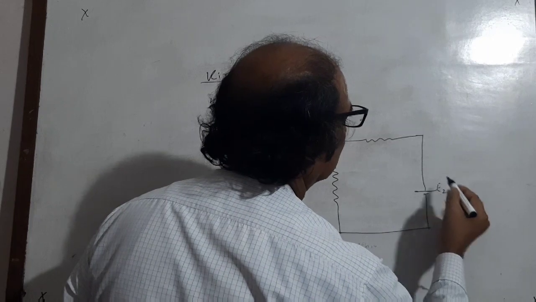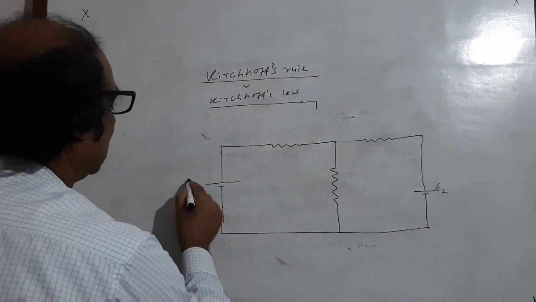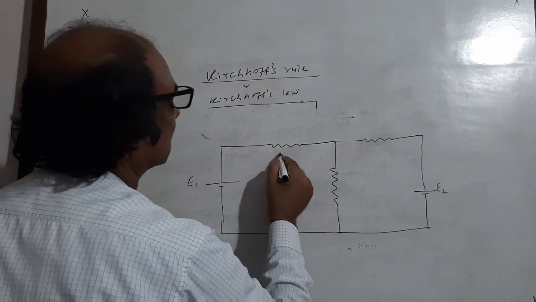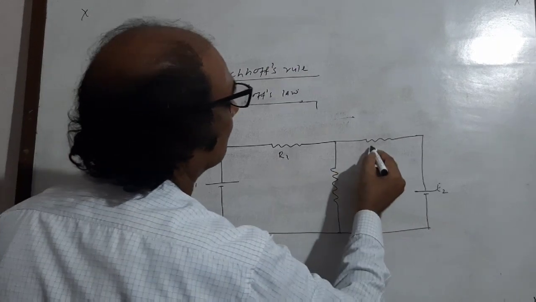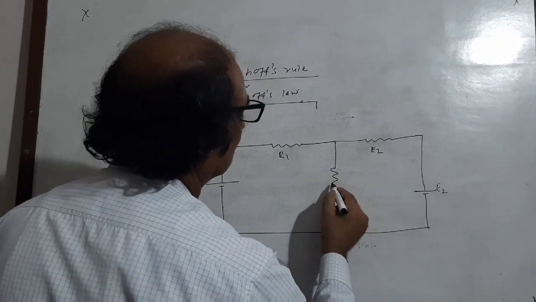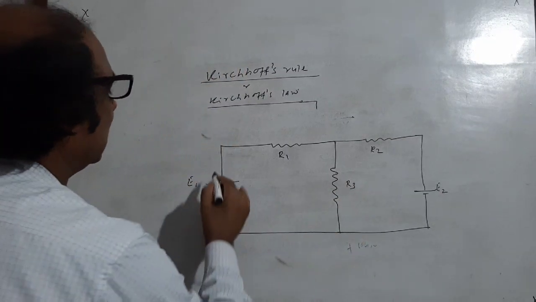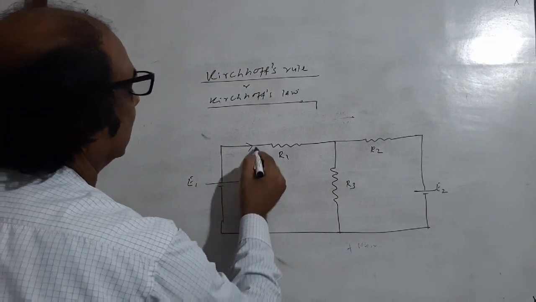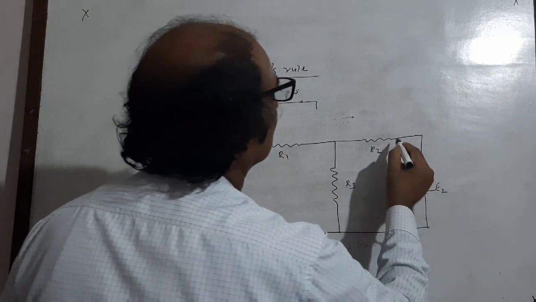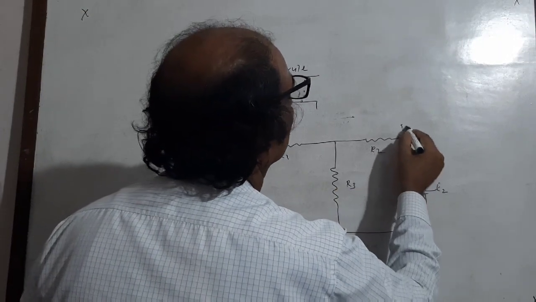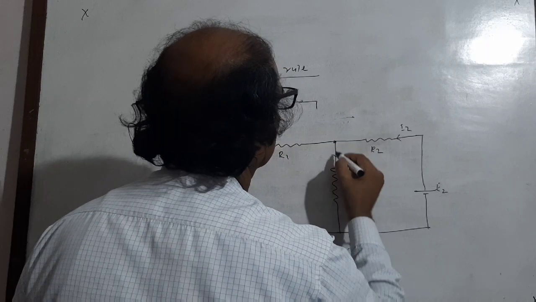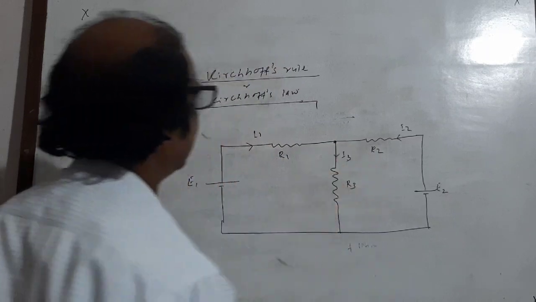So it is assumed that the EMF of this cell is E2, here is E1, this resistance is R1, this one R2, and this one the resistance R3. It is assumed that the current here is I1, the current here is I2, and this is the current I3.